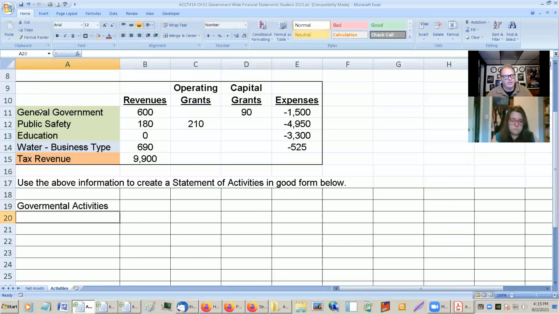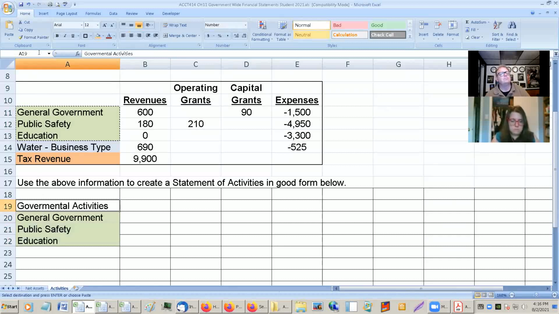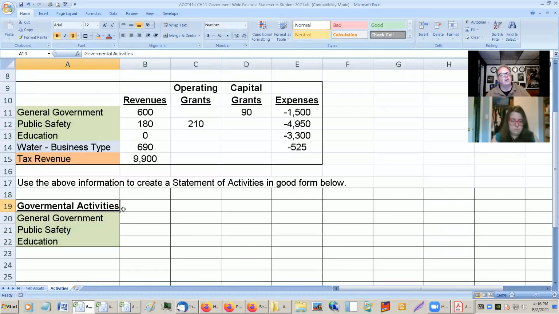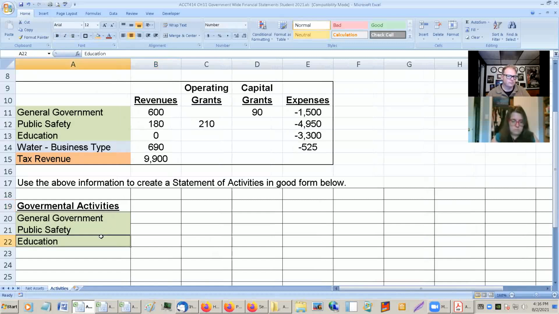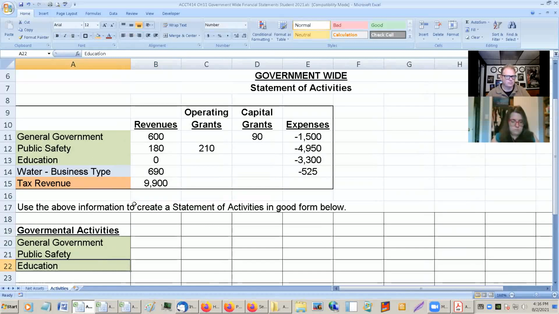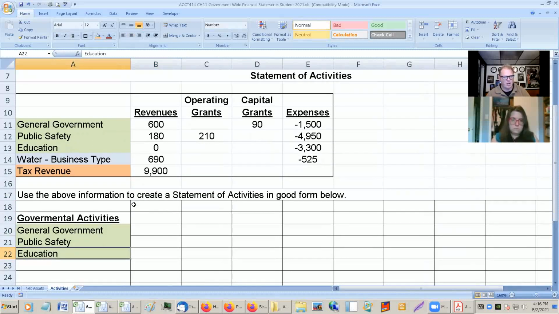So governmental activities, we're going to have these. And here is the wacky part. I'm going to let you tell me, what do we start out with first?